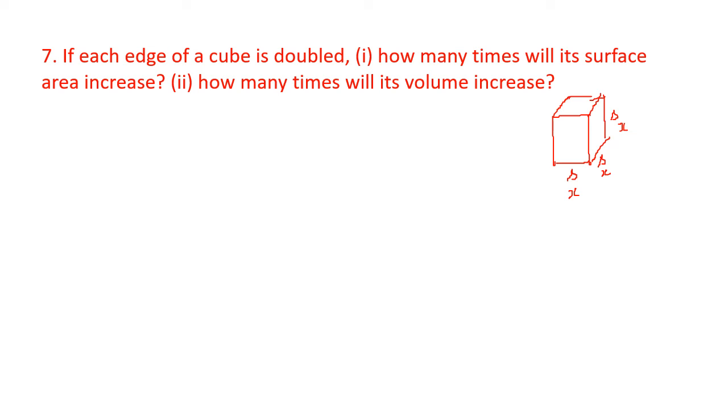Let us go with X. So let us write, let the side of the cube be X. So the total surface area of the cube is 6x square and the volume of the cube is x cube. This we get from the direct formula.